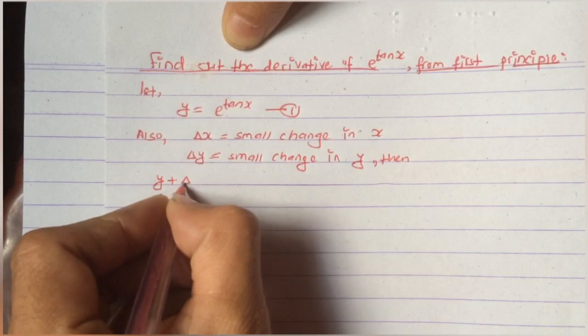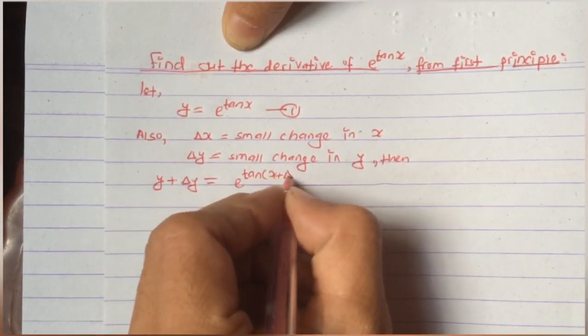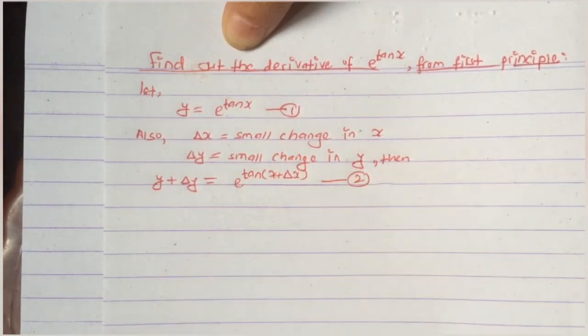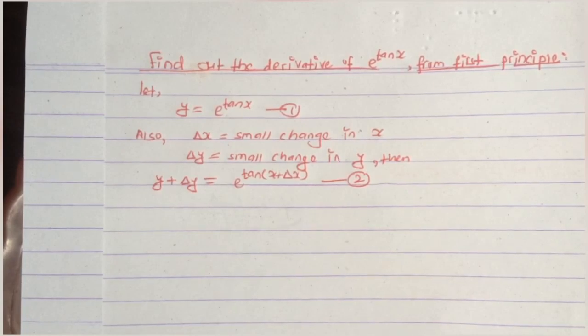Then you can write equation 1 as y plus del y equals e^(tan(x plus del x)). Let it be equation 2. Now what you have to do is subtract equation 1 from equation 2 so that we get the expression in terms of del y, the change in the value of y.